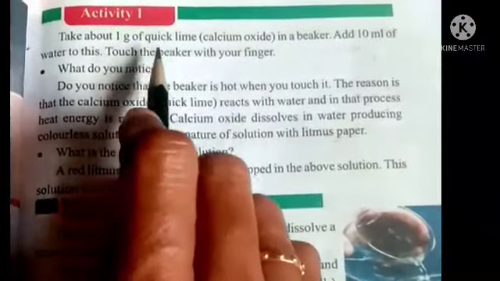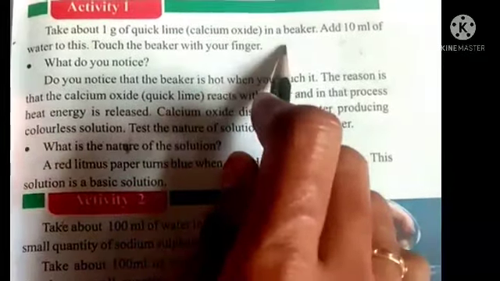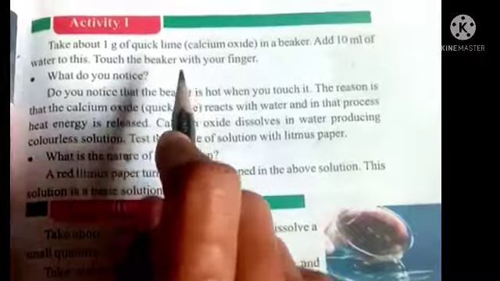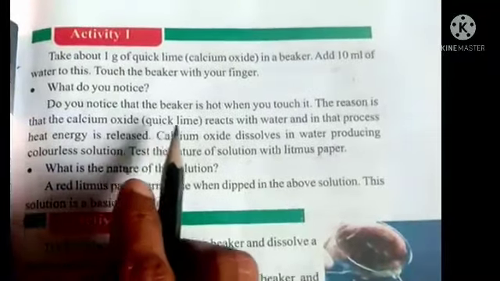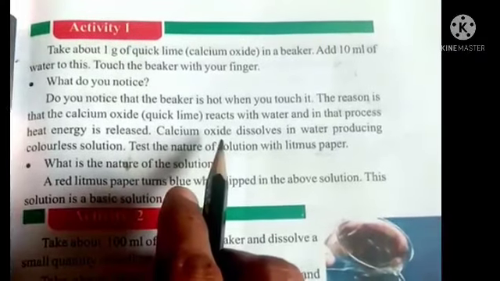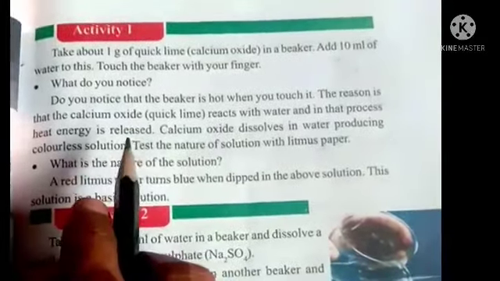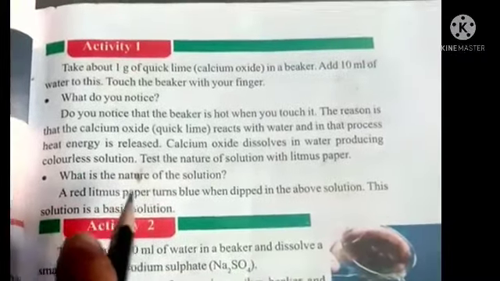Take about 1 gram of quicklime, quicklime means calcium oxide, in a beaker. Add 10 ml of water. Touch the beaker. Calcium quicklime or calcium oxide is the whitewash. We touched the beaker and it is very hot.